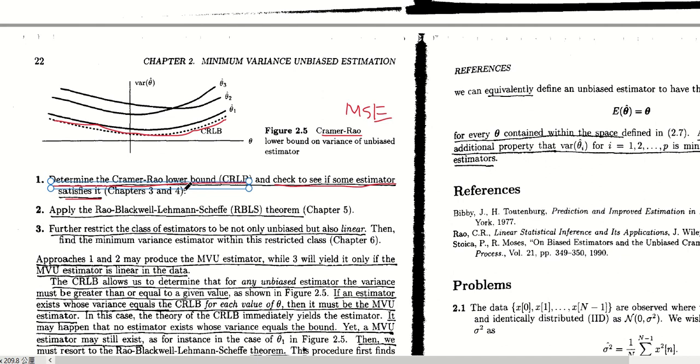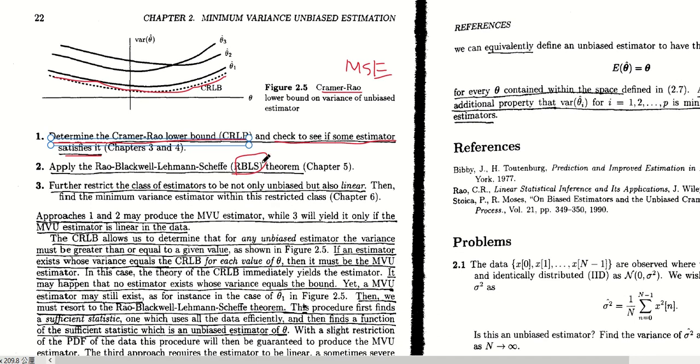Another approach is RBLS, but this is very complicated, and we will not discuss this in this chapter. Or, third, further restrict the class of estimators to not only unbiased but also linear. Linear is making a more constraint, right?